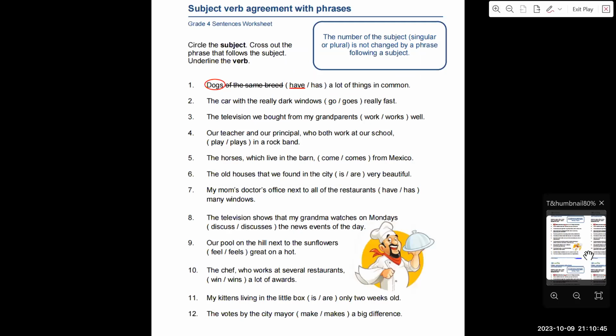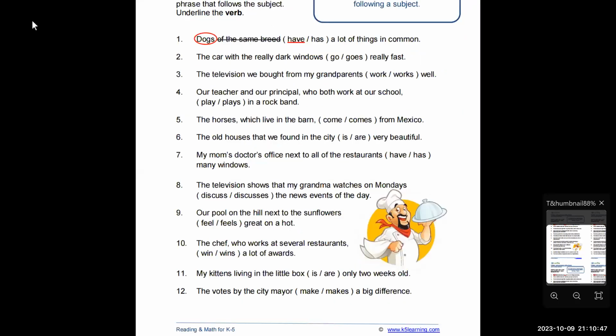Okay, there's an example. You can start. Look at number 1: dogs, many. You will not say has because has is for one. So the correct word for that is have. Dogs have. Okay, so you will start from number 2.